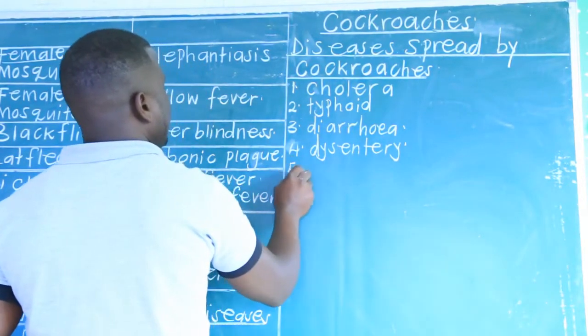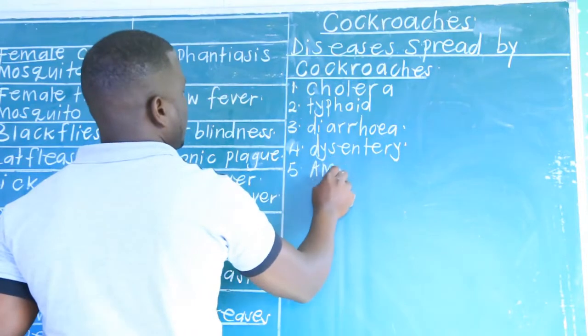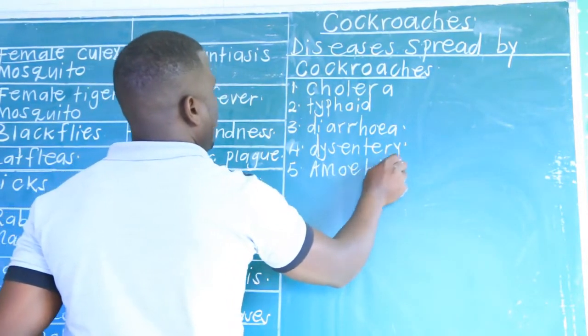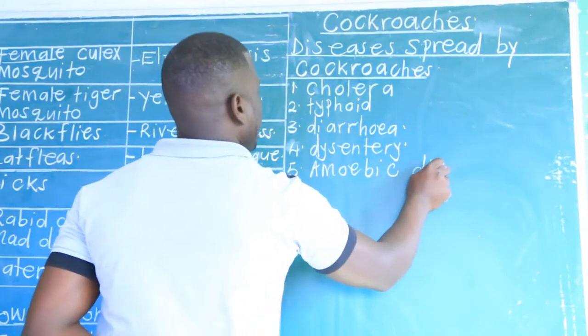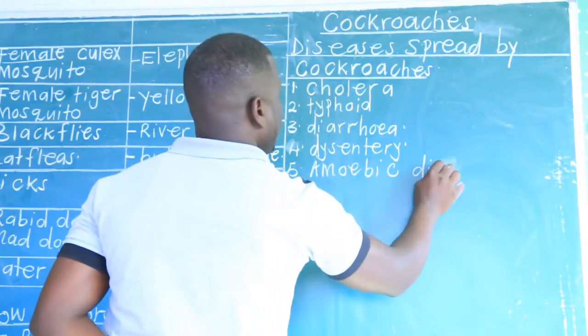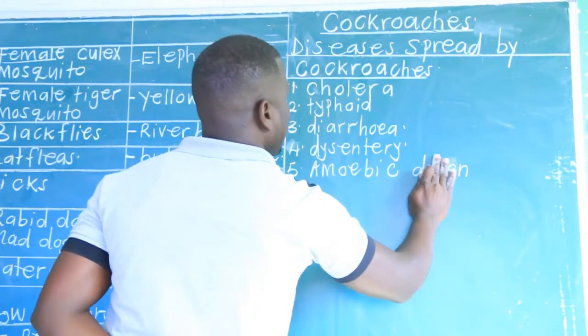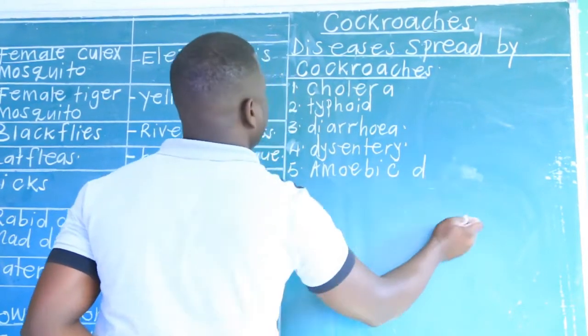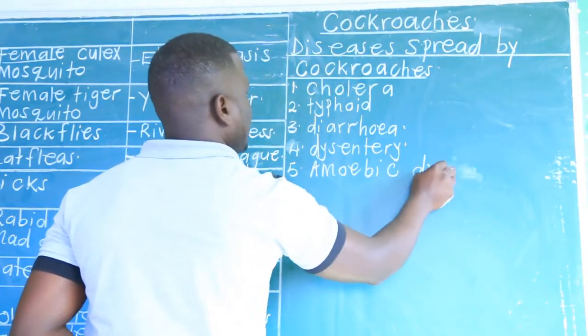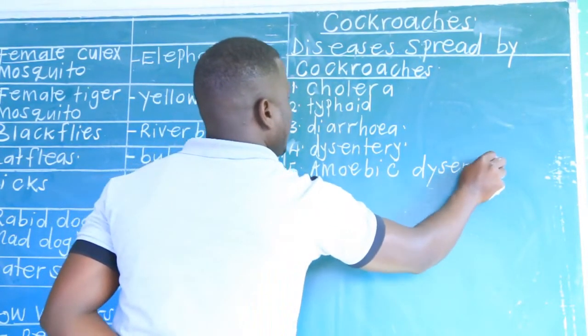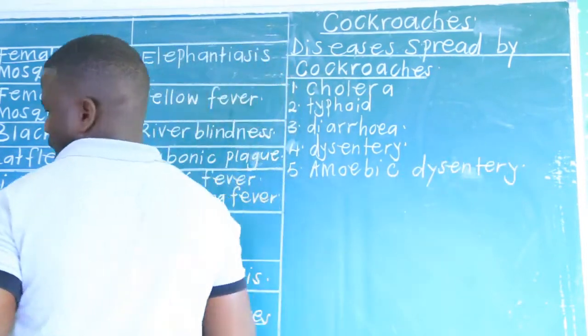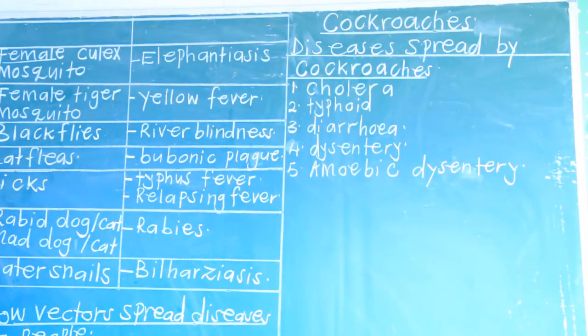You can even add amoebic dysentery. Amoebic dysentery is spread by cockroaches.